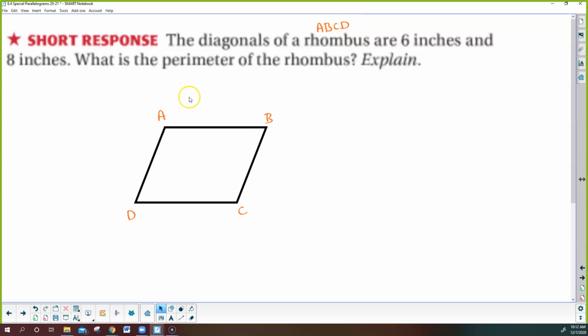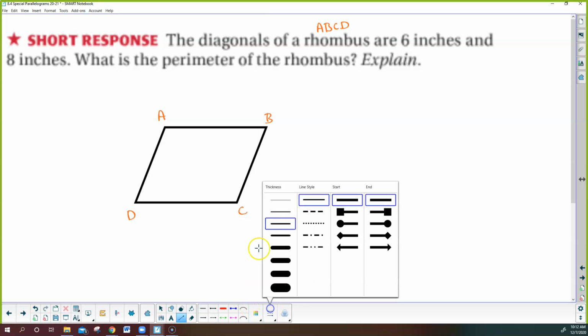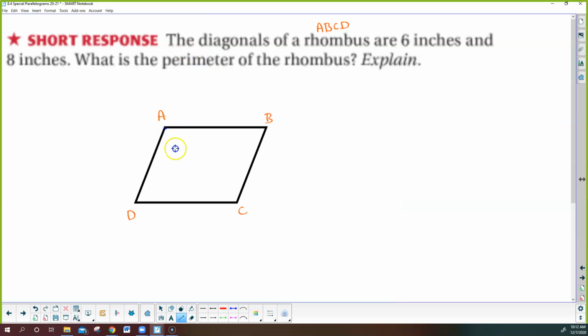Now that's not important for this specific problem, but what is important is that they give us the diagonals. So I need to draw in the two diagonals, one from A to C and one from B to D. Here's the way my brain works when I see a problem like this.